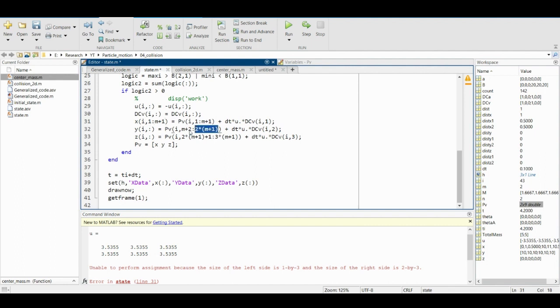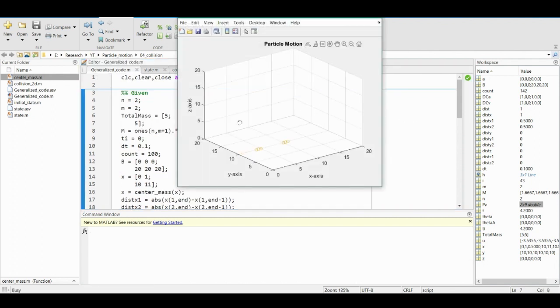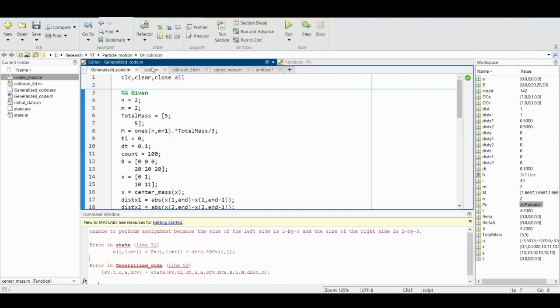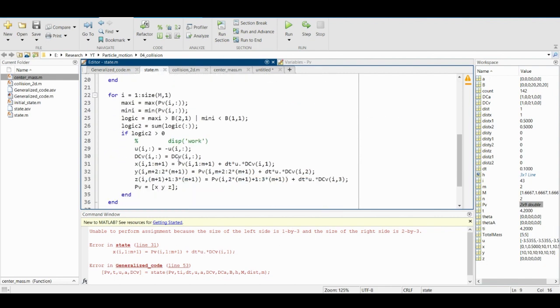I require some of this thing. Okay, now again, what did I do wrong? Because the size of left is 1 by 3 and 2 by 3.